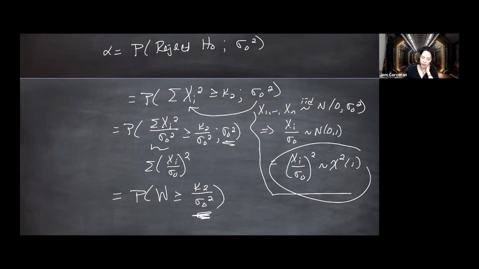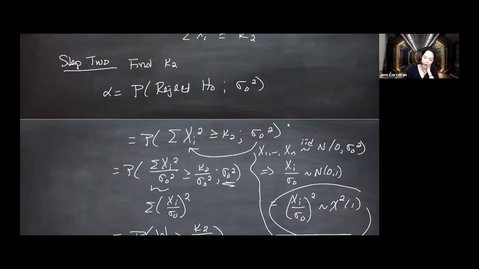And the test, which I never actually wrote down back here, I want to make the test to reject the null hypothesis if the sum of the xi squareds is greater than or equal to K2, or K2 to be determined.